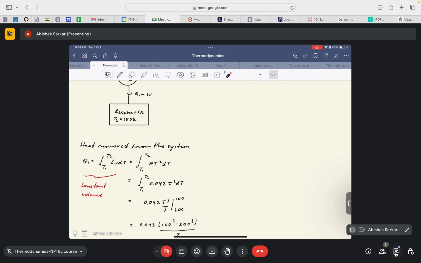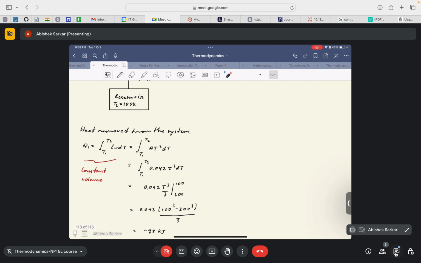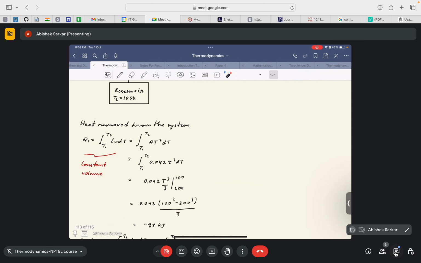So it will be the integral of AT square dT from T1 to T2. Now A is 0.042, so we substitute the value of A here. The integral of 0.042 T square dT from T1 to T2 would be 0.042 T cube by 3, because the integral of T square dT is equal to T cube by 3, right?